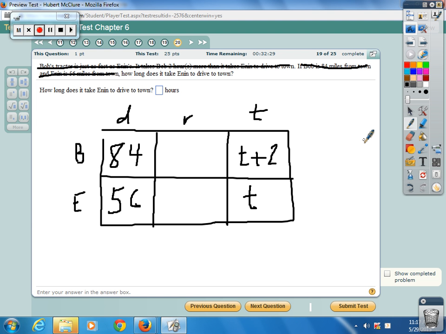Well, what is rate? Distance divided by what? Time. Rate is equal to distance divided by time.